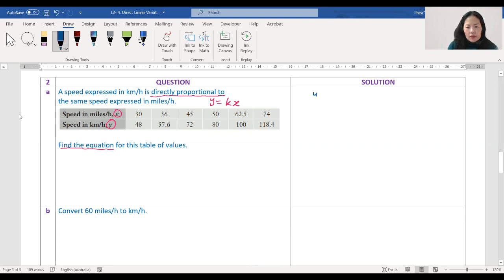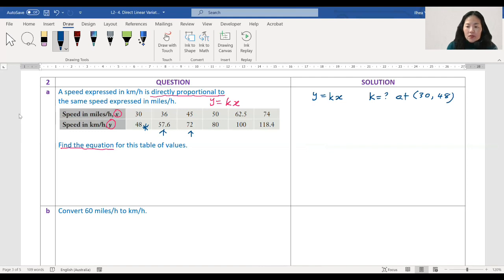Y equals kx, so we need to find the k, don't we? At any point you like. My favorite will be the first one, 30 and 48. But having said that, you can go with the 36 and 57.6. It doesn't really matter. It'll be the same because it's linear.